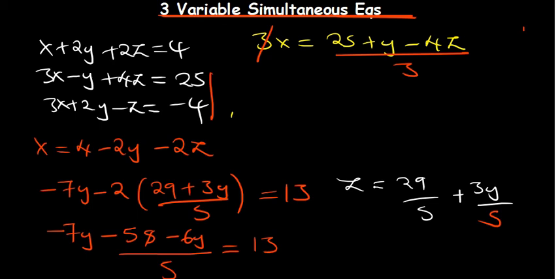Okay, to make things easier, we can multiply the entire equation by 5 so that the fraction can disappear. So we're going to have negative 35y, and then the other part to just be minus 58 minus 6y, and then 13 times 5 is 65.